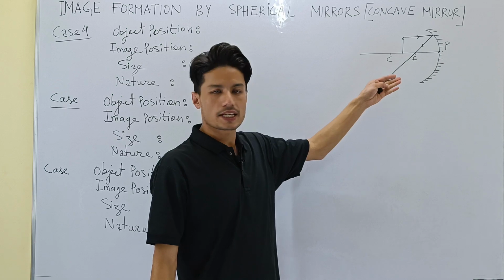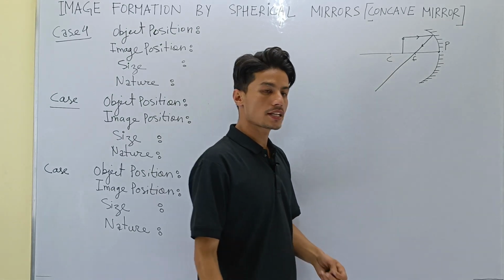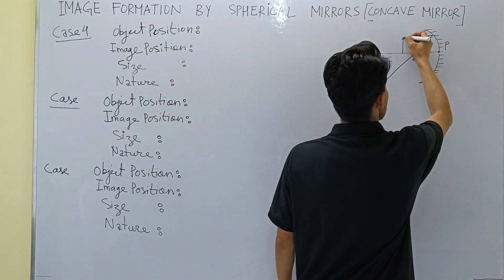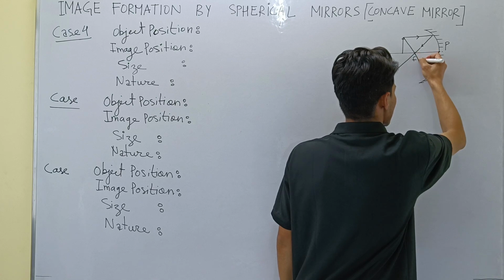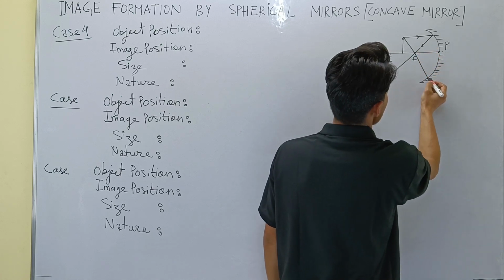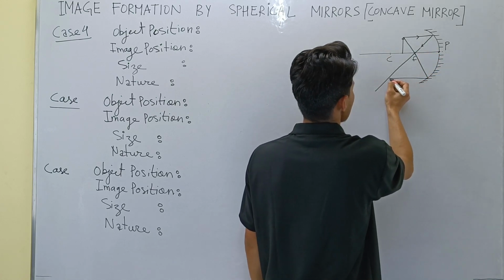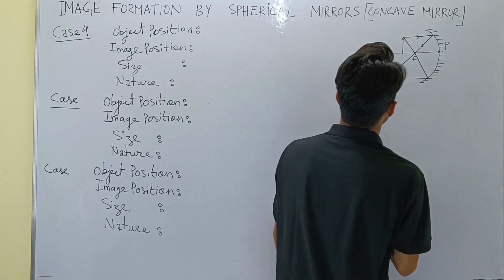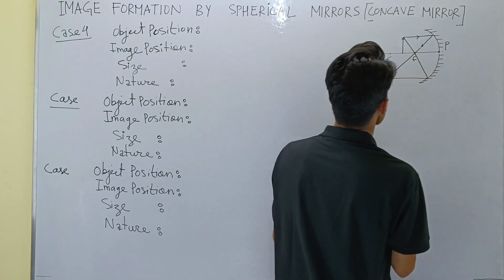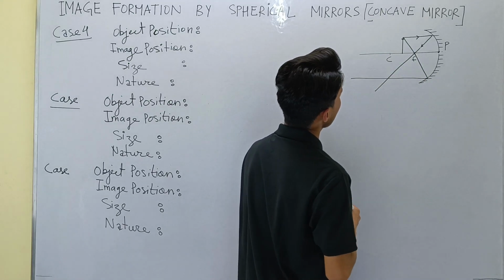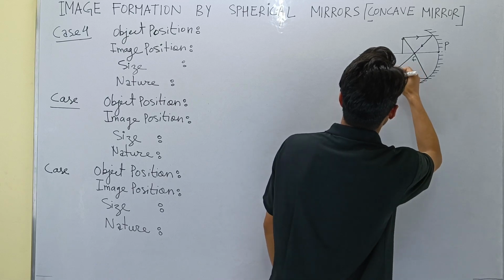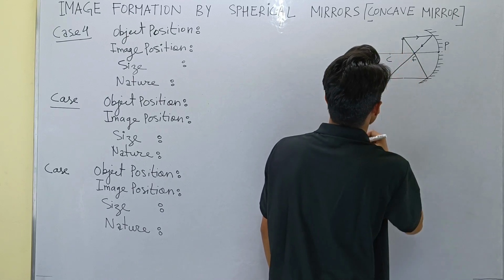Now time to draw the second ray, for which I will be following rule number 2, which is ray enters through focus. After reflection, it passes parallel. Again here.